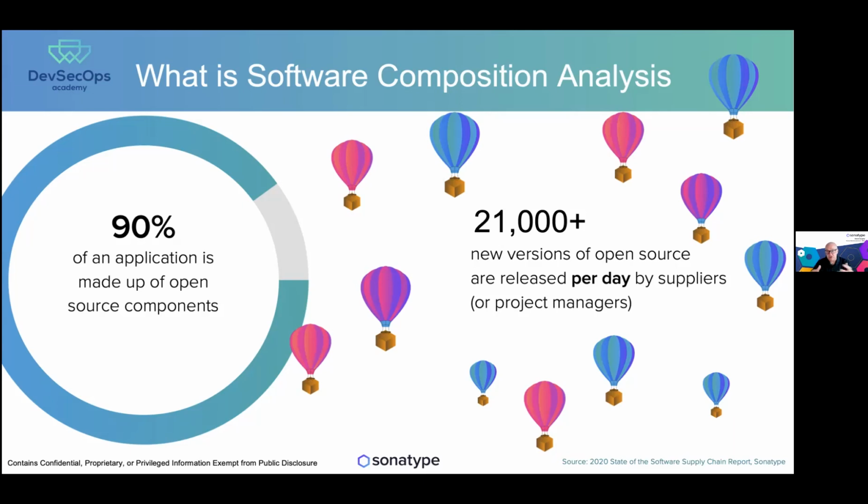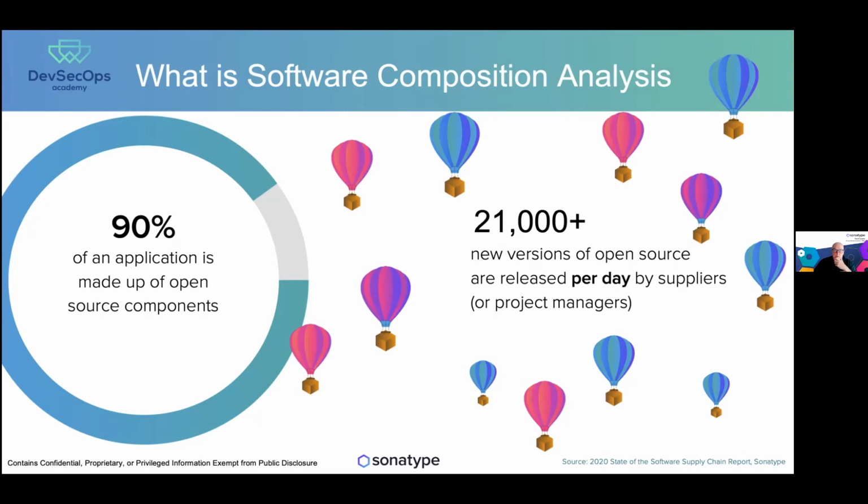So software composition analysis really has evolved to allow us to address the challenges associated with this growth in open source consumption and the risk or potential risk that's associated with it.